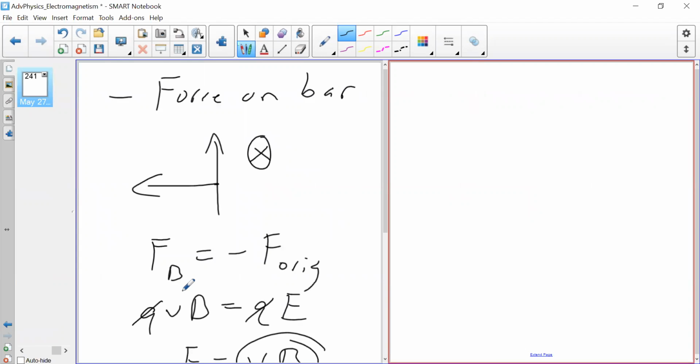Since that can happen, we know that we can get a voltage created by that moving bar, hence the motional EMF. So there's an EMF inside the bar, and then there's going to be an EMF or voltage created by that bar moving through this field.